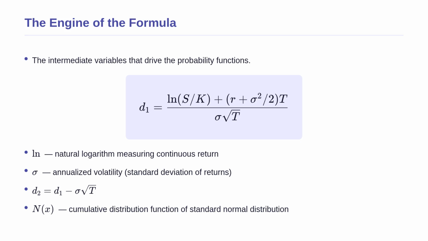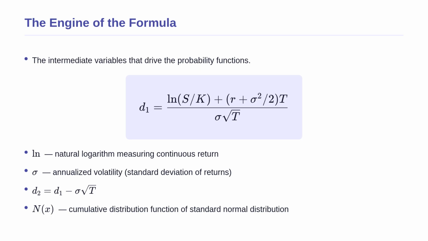This main formula relies on two intermediate variables, D1 and D2, which act as the engine inside the probability function. The symbol sigma represents the volatility of the stock, which measures how wildly the stock price swings. A higher sigma means bigger, more unpredictable swings, making the option more expensive.